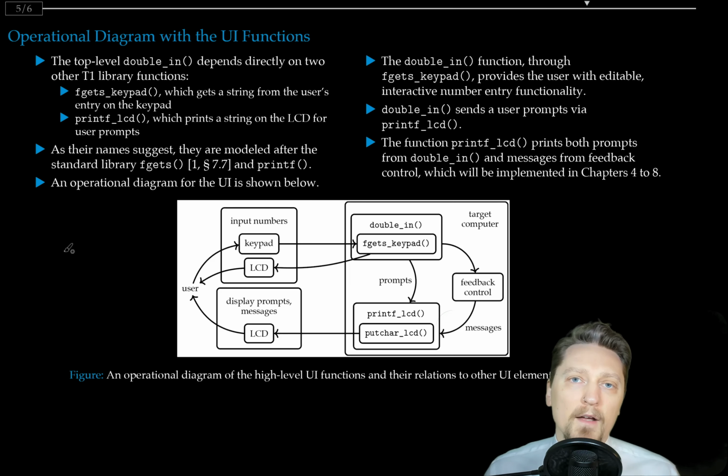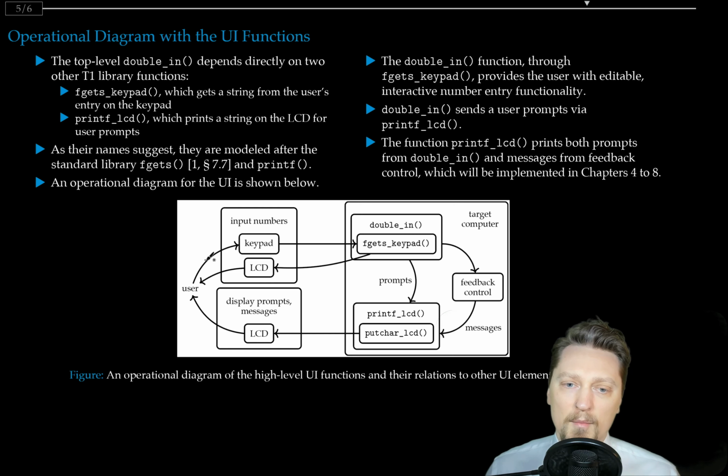An operational diagram for the UI is shown below. The double in function, through fgetskeypad, provides the user with editable interactive number entry functionality. Remember, this is one of the things that we are required to design and create in our program, an ability to input numbers from the user.